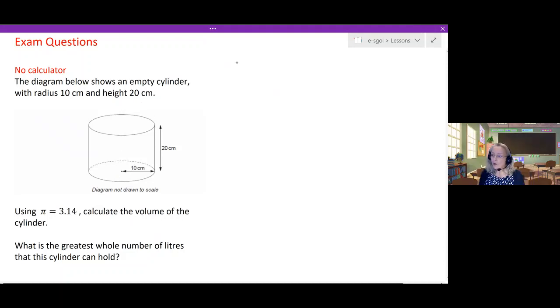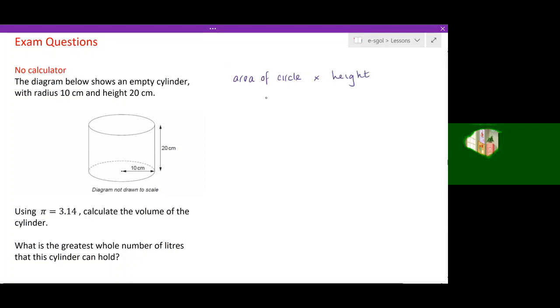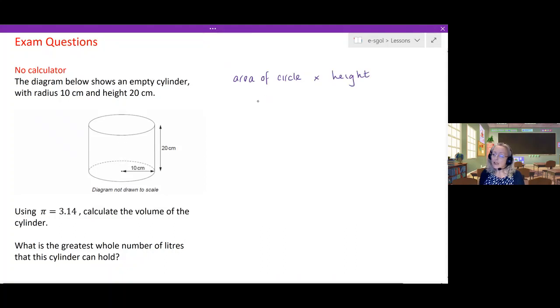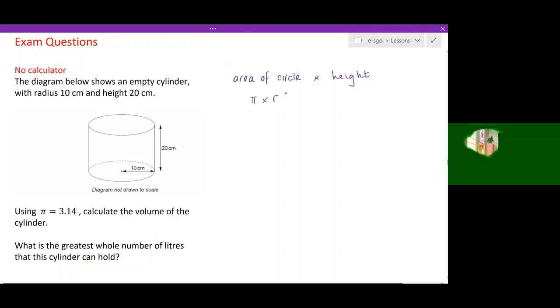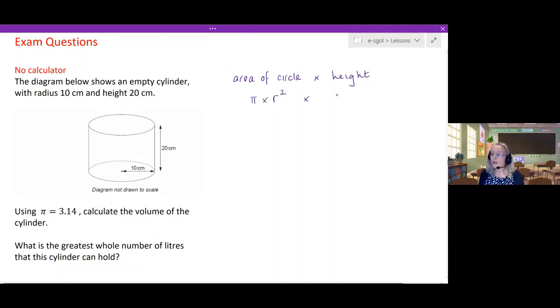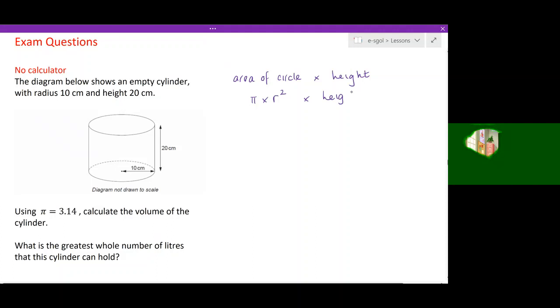So the volume is going to be the area of the circle, so the circular base in this case, and then we're going to multiply it by the length of the prism or the height of the cylinder. And the area of a circle is pi multiplied by the radius squared, and then we've got to multiply that by the height. So let's feed in the information that we've got.